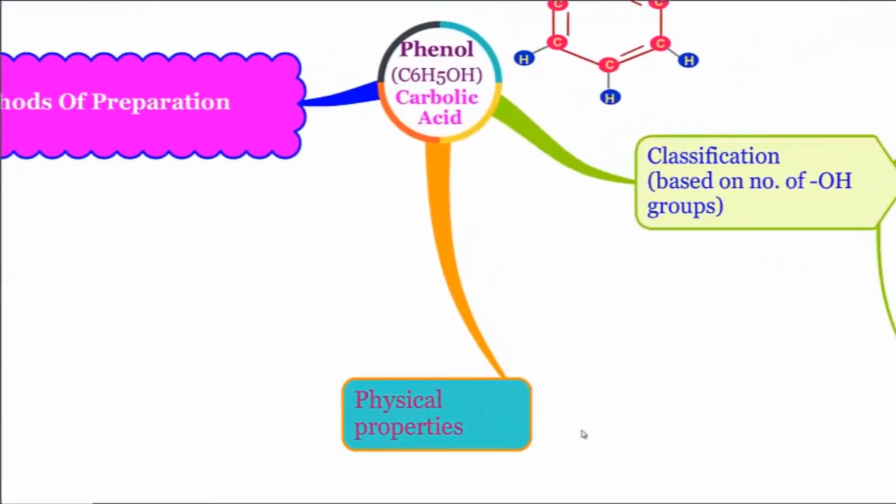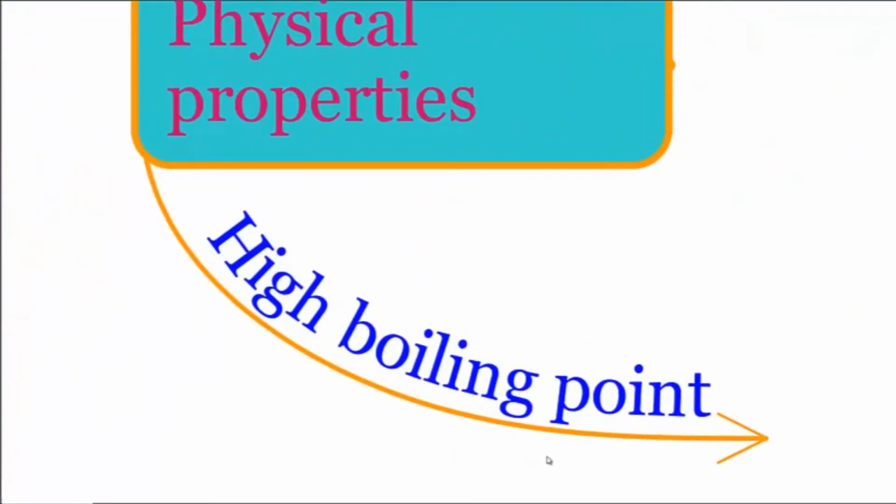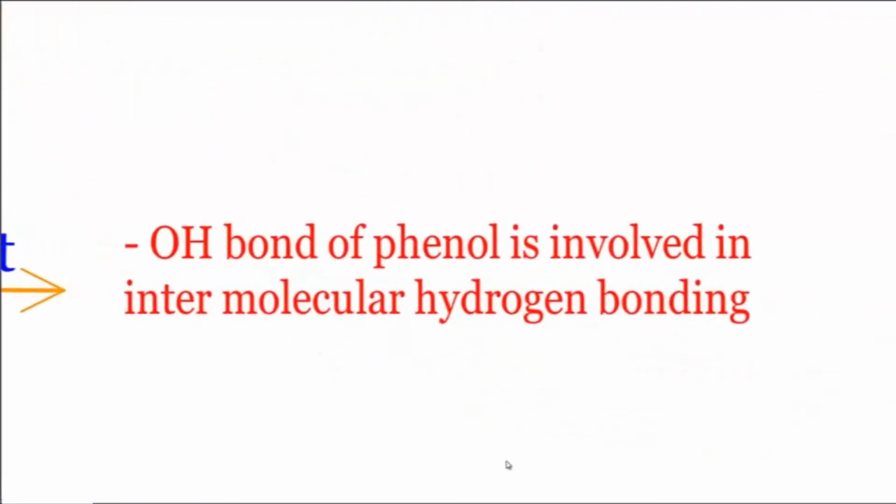Now let's look into understanding of the physical properties of phenol. Very important physical property is phenols are all having high boiling point. Let's look into the reason for this. The OH group of phenol will be involved in intermolecular hydrogen bonding.